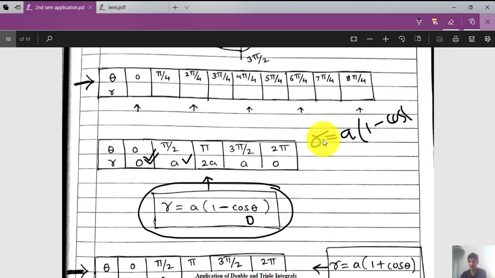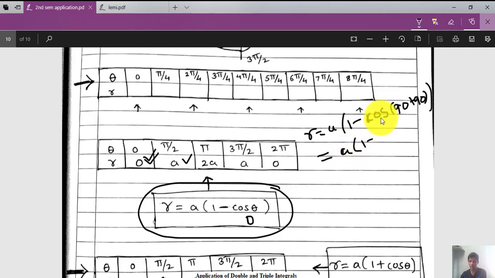let me write it in a proper manner. Yes, r is equal to a, 1 minus cos of, again in the bracket, 90 plus 90 degrees, it will give me 180 degrees. This I am doing for the students who are unaware of it.